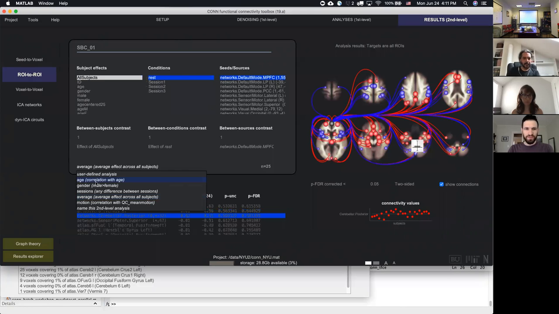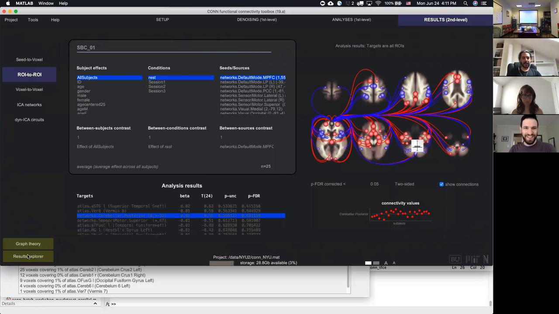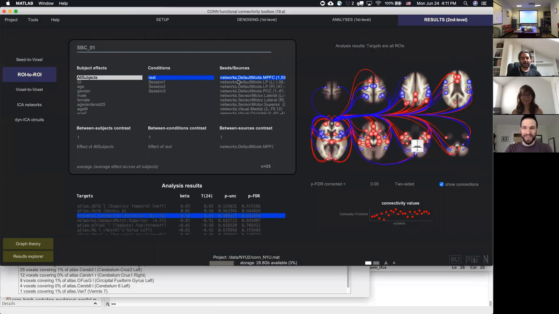Do all subjects. You just do the effective all subjects. Right, all subjects, just like that. If you wanted to get something that has results, something that has significant no matter what.